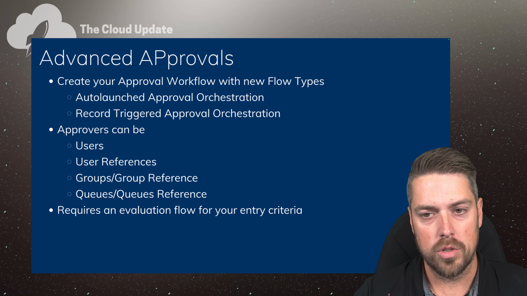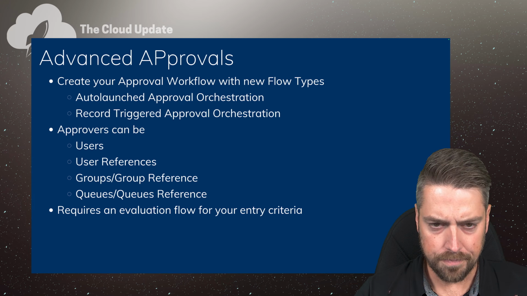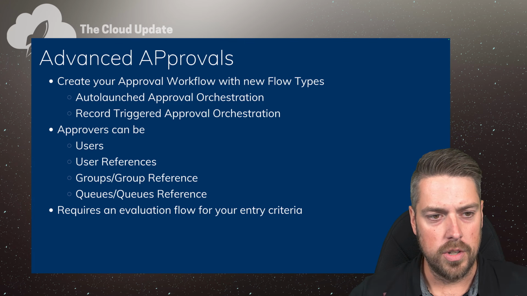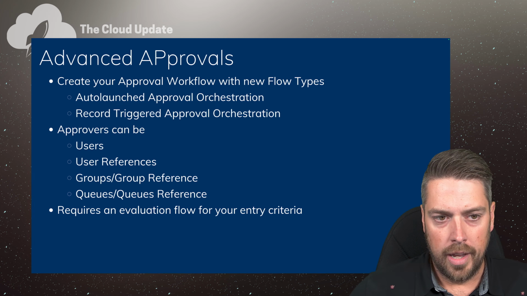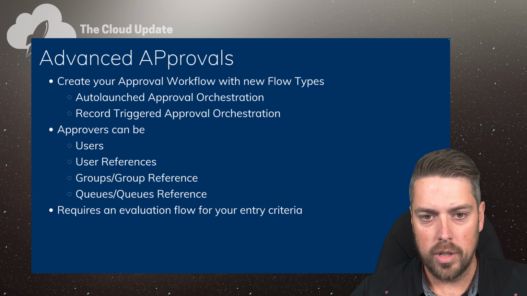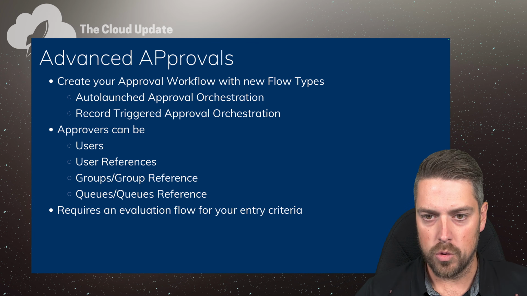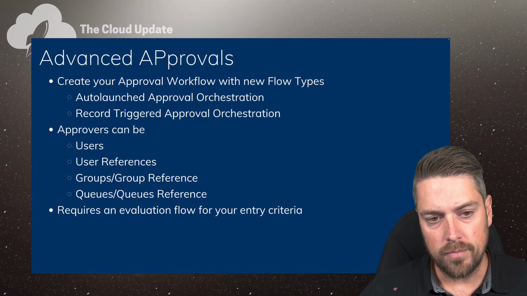Now we're going to use two new flow types, one or the other really, for advanced approvals. You can either use auto-launched approval orchestration. If you choose that route, and that's the one we're going to use today, you need to create an Apex class and a Visualforce page or a Lightning Web Component to launch it.